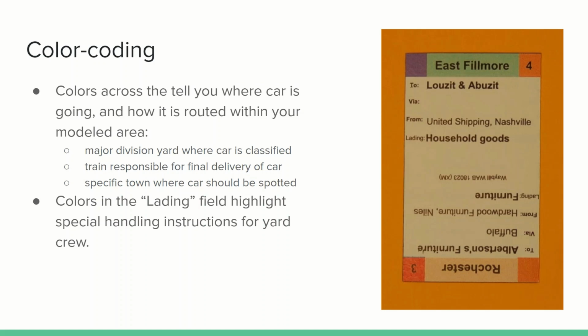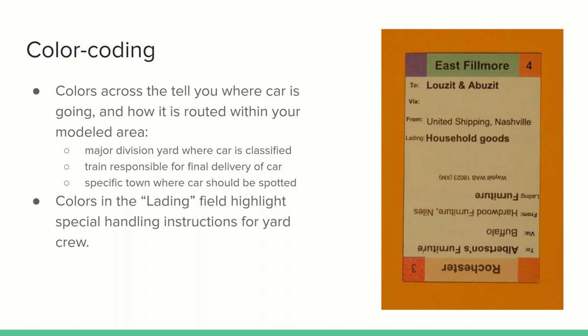This color coding can be used by all the operators, but again, the Yardmaster in particular has the challenge of quickly trying to figure out, I've got a train of cars that came in, where do these cars go? How do I classify them in the right way so that I'll be able to efficiently move things through the yard?